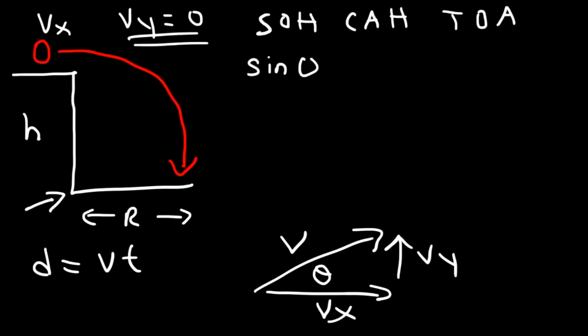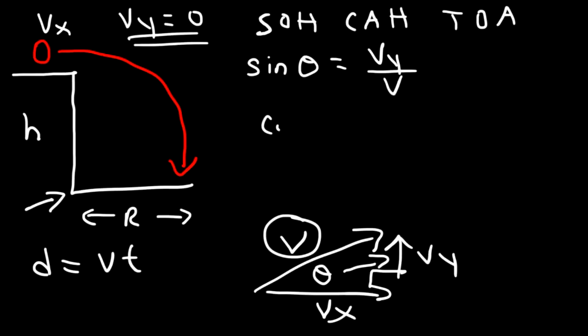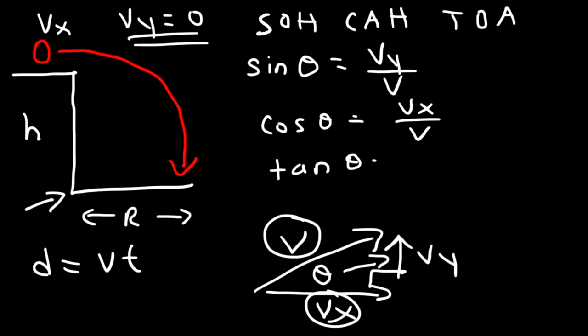Sine theta is equal to O over H, which stand for opposite and hypotenuse. So sine theta is the ratio between the side that's opposite to theta, which is Vy, divided by the side that's the hypotenuse, which is across the box, and that's V. Cosine theta is equal to the adjacent side, Vx, divided by the hypotenuse V. Tangent theta is equal to the opposite side, which is Vy, divided by the adjacent side, Vx.